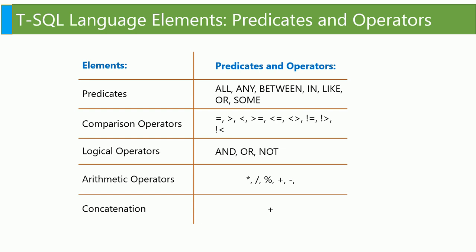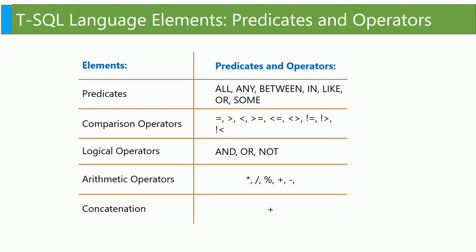Let's understand predicates and operators. What are the predicates and operators used in SQL? Predicates are like ALL, ANY, BETWEEN, IN, LIKE, and SOME. All these words come under predicates. The comparison operators are: equal to, greater than, less than, greater than or equal to, less than or equal to, not equal to, not greater than, and not less than.